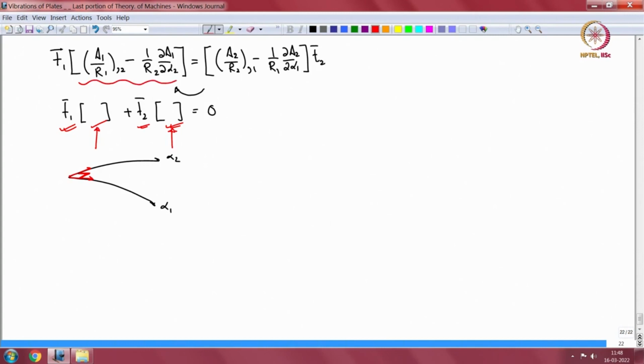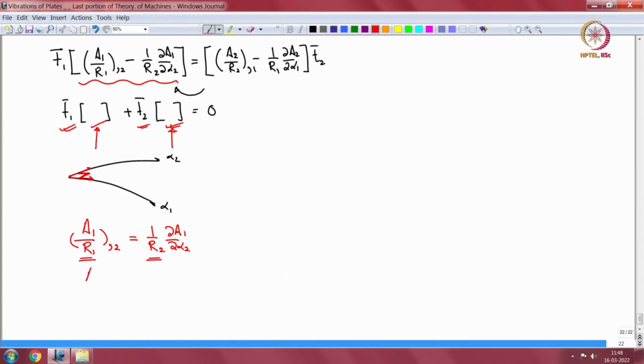Therefore this term is 0, which gives me A1 by R1 comma 2 is equal to 1 over R2 del A1 by del alpha 2, which is very interesting. See, R1 has become R2.